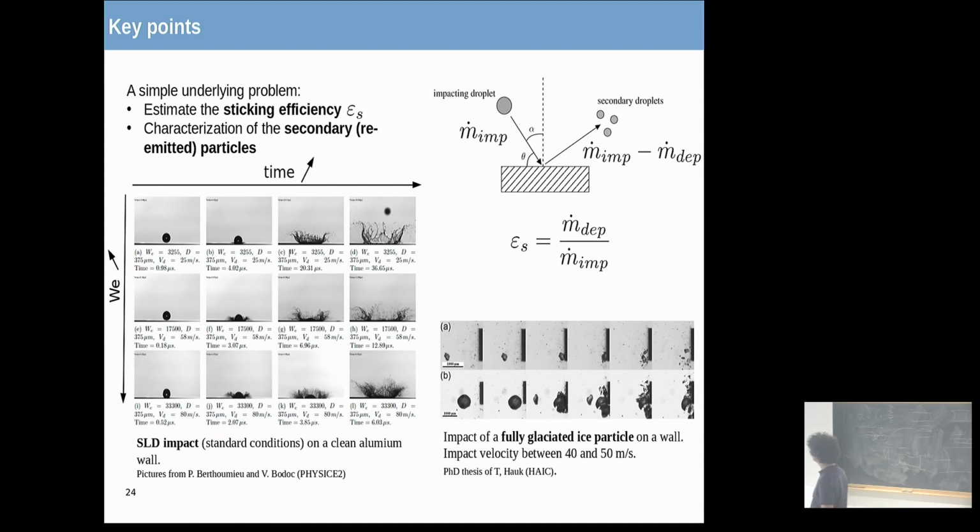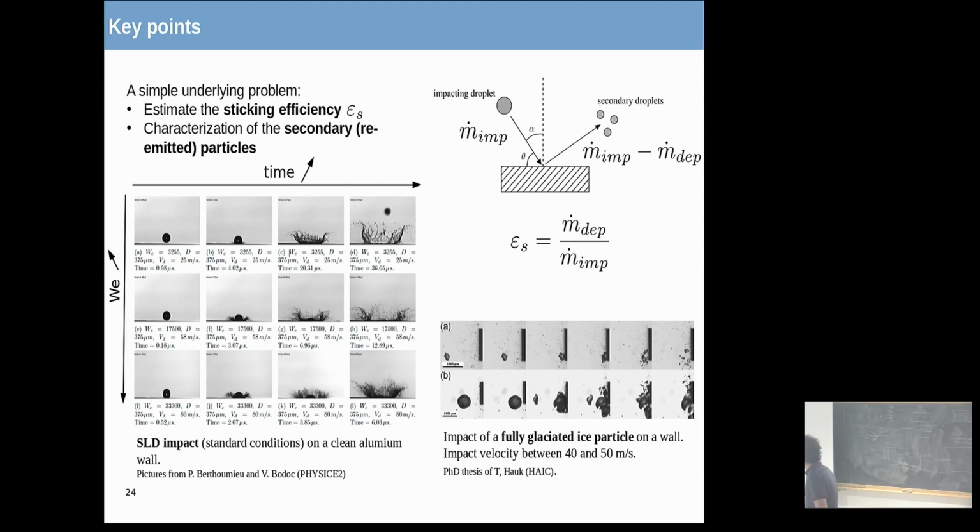This is the first key point. Secondly, we also have to characterize the secondary, emitted particles, because as they are emitted downwind, they may impact aeronautical surfaces downwind. And it is not that easy, for instance, depending on the Weber number. Here you have increasing time and increasing Weber. For a Weber of around 3,000, we see the classical corona shape after the impact.